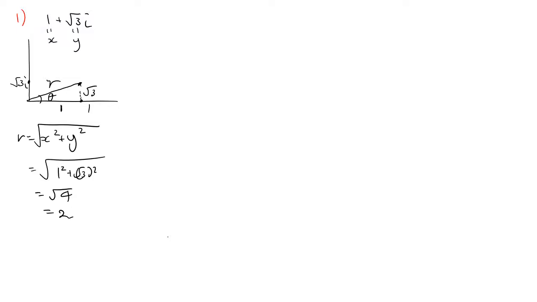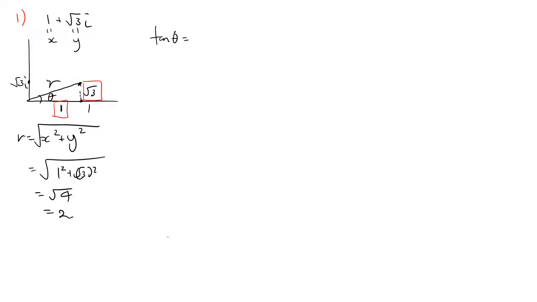Now we need to find the value of theta. We can do this in 3 ways. We can use sine, cos, or tan. Usually I use tan because you're given the y and the x, and you can use tan easily without having to calculate r in the first place. So let's use tan.